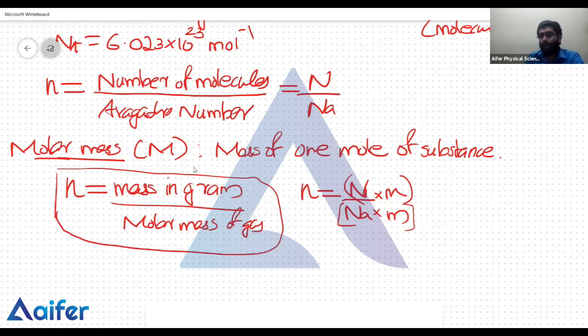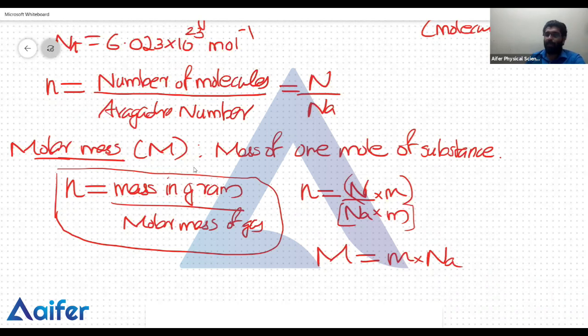So you have different expressions for calculating the number of moles. If you're having number of particles, then just divide N with Na. Or if you're having the molecular mass of the substance or molar mass given, then just divide mass in gram by molar mass. Okay. So your total mass will be mass of a single molecule into Na. Okay, this is mass of individual molecule.